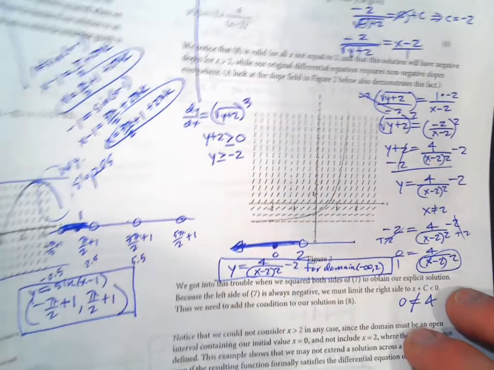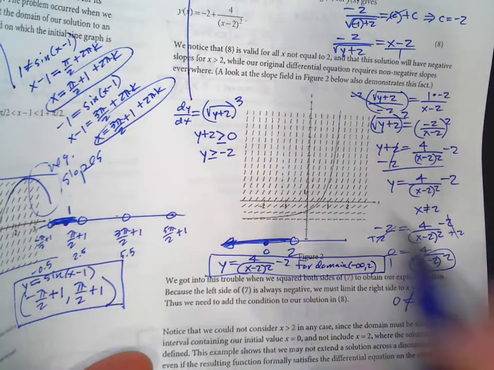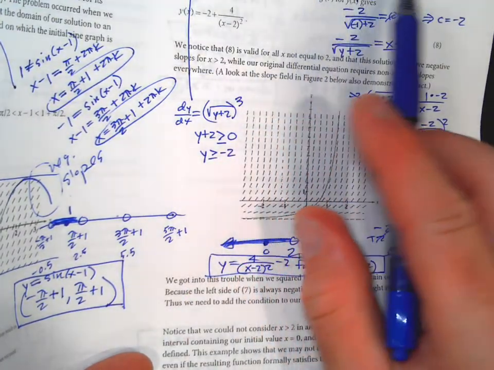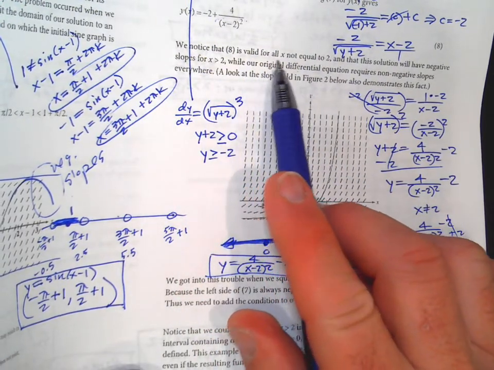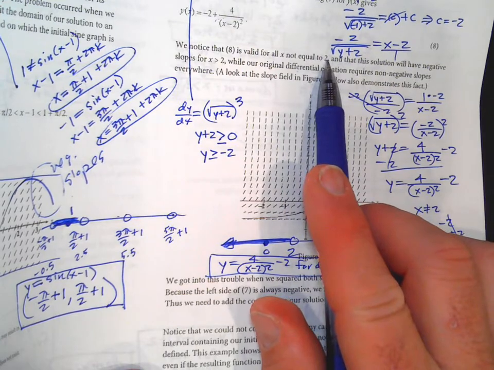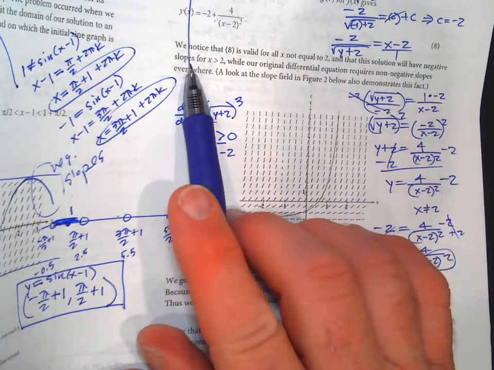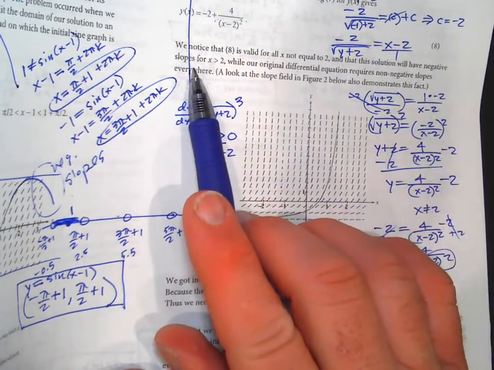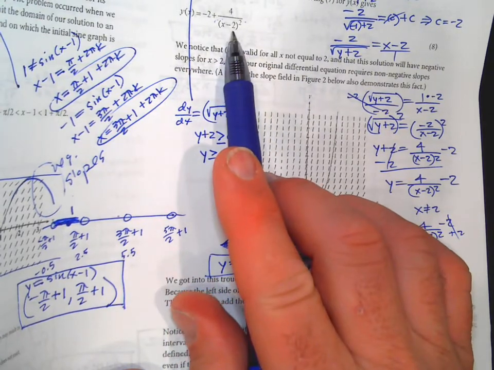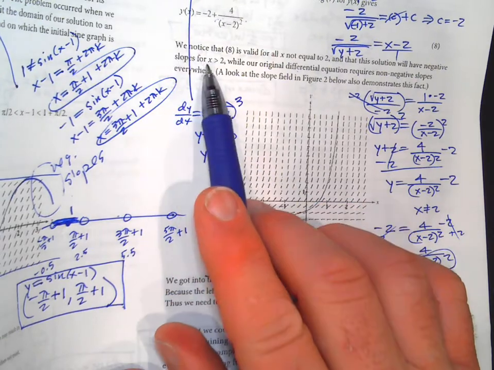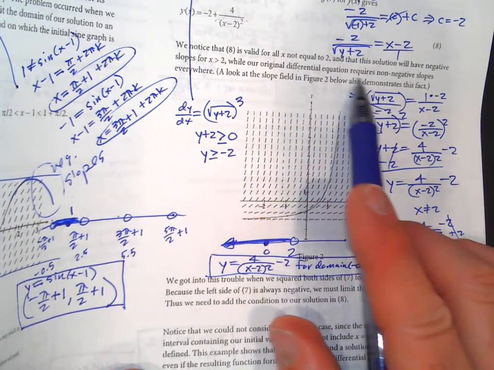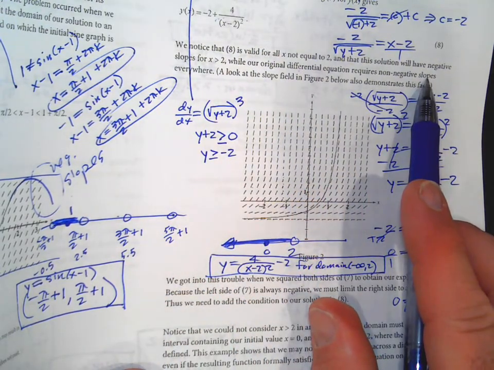Okay, now let's just read what they say. We notice that 8, right here, the solution, the same as what we got, is valid for all x not equal to 2, and that this solution will have negative slopes when x is greater than 2. This is going to end up being negative. While our original differential equation requires non-negative slopes everywhere.